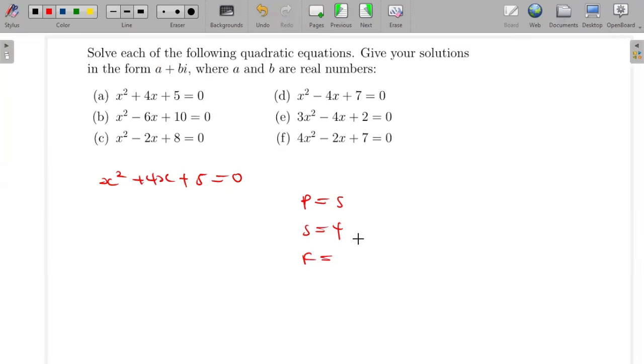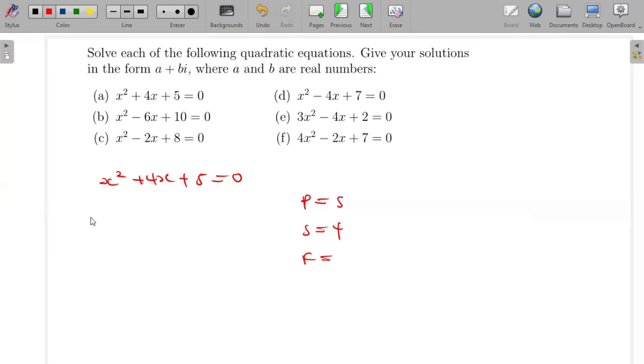What two numbers are those going to be? I'm not seeing any off the top of my head.